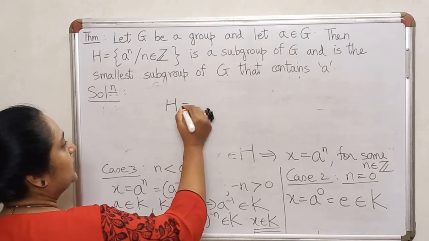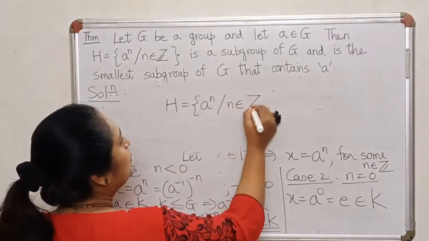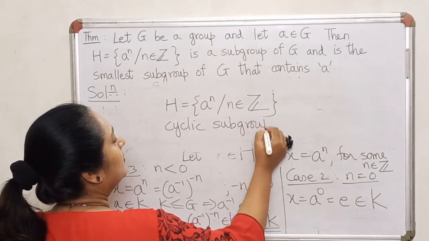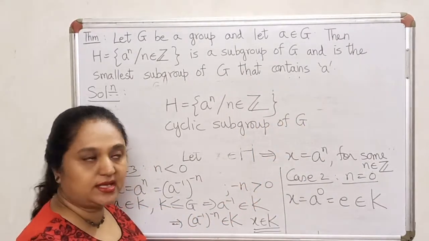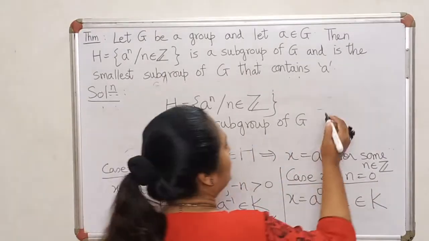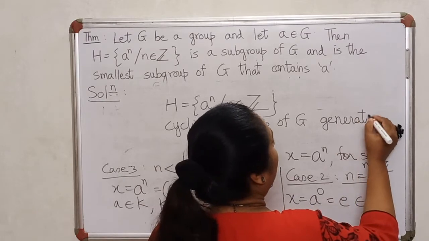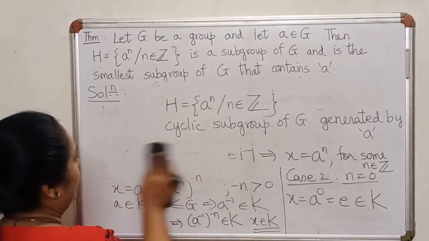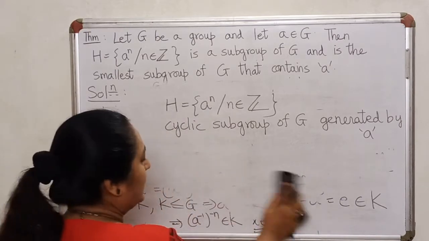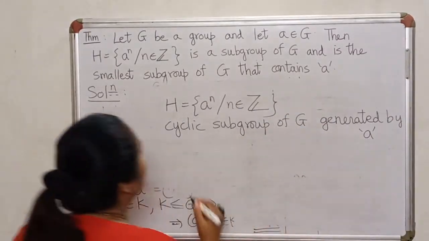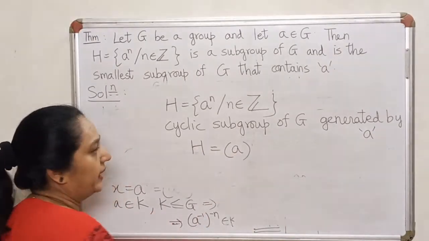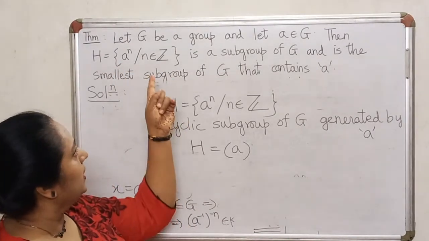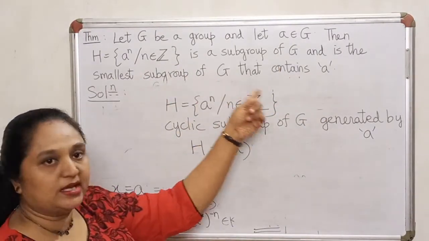So this subgroup H that we just now defined is called a cyclic subgroup of G. And because in this case the hero is A, which gives rise to all the elements, this is called a cyclic subgroup of G generated by the element A. And this can be denoted symbolically as H equal to round brackets A. So this kind of subgroup that we got is a subgroup of G. It contains the element A and it is the smallest such subgroup.